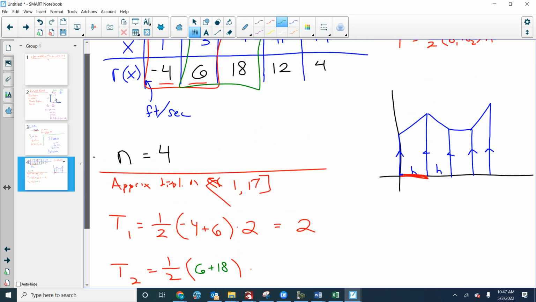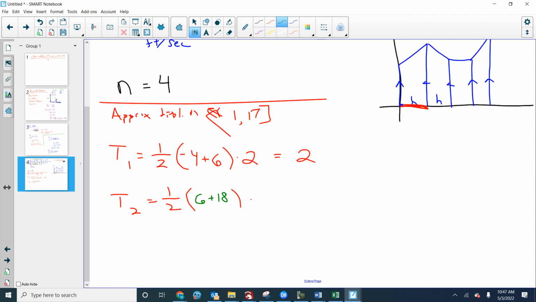And the height of the second trapezoid is 4. Well, half of 4 is 2 times 24. Would you get 48 for that one? 48. And then you go from there. You do number 3 and number 4.